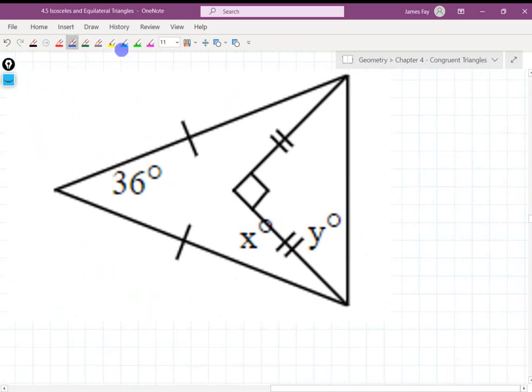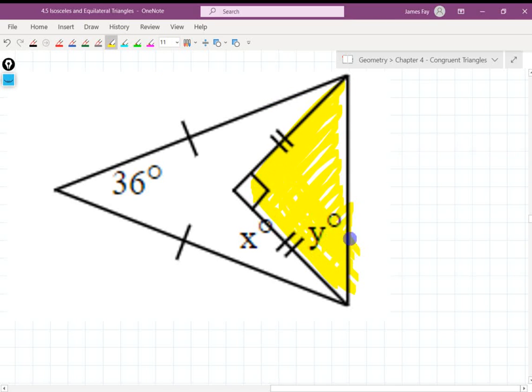So if we look at this one, how many triangles do you have here? Two. Is there anything special about them? They're both isosceles. Okay. Let's look at this one here. It's a right triangle, correct?